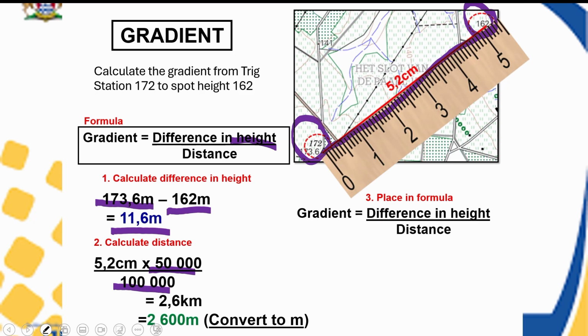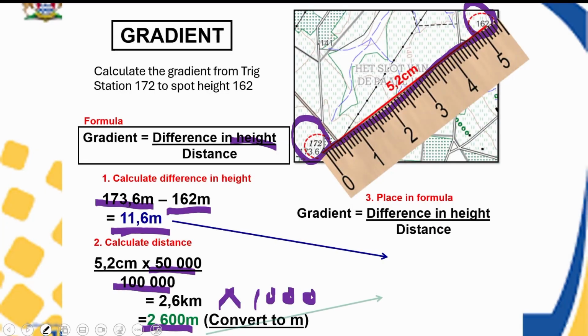Then our height is in meters, which is 11.6 meters. Then we need to change the 2.6 kilometers, which is the distance, to meters again. It means we have to multiply that 2.6 by 1,000 so that we move to meters again. So it will be 2,600 meters in terms of our distance. So what does this mean?